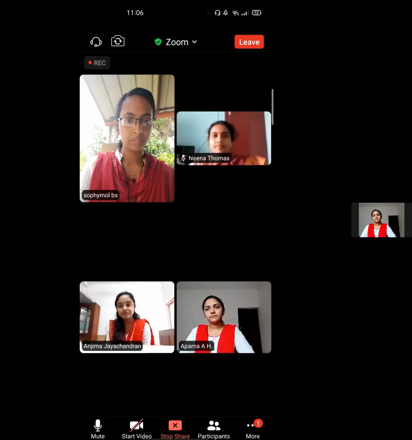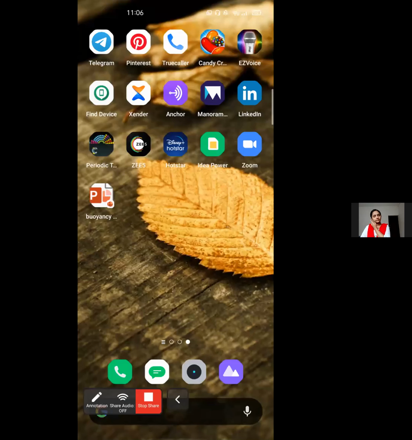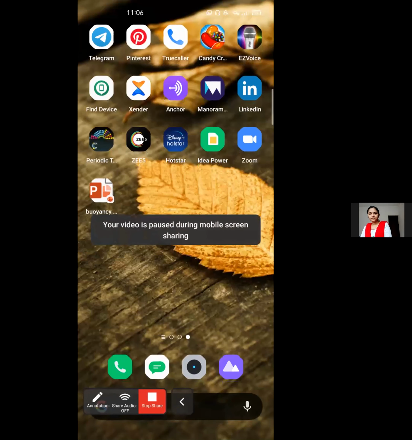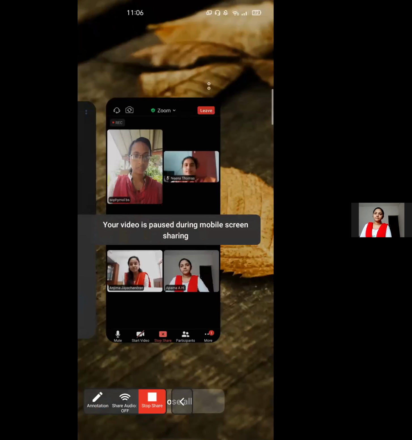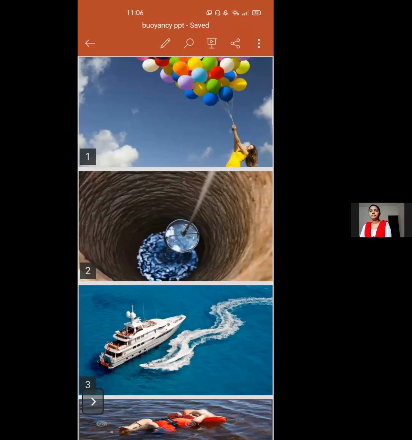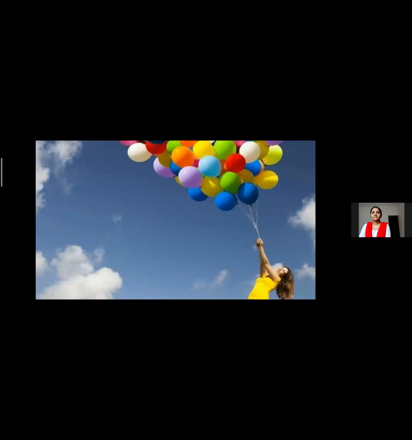Yes, good morning everyone. So we can start off with the example sessions, and we'll be dealing with 4 different examples, which are mainly gases as well as liquids. First of all, we can see here a girl who is holding a bunch of balloons, right? Are the balloons pulling her away or pushing towards the balloons?